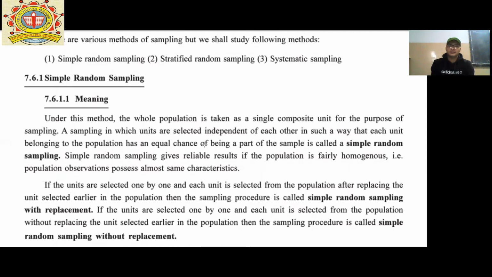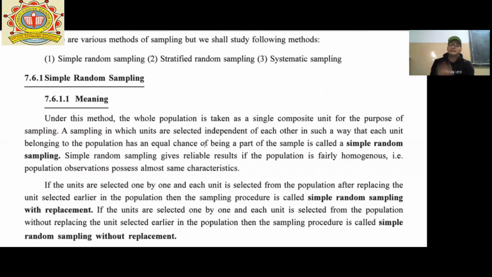Under this method, the whole population is taken as a single composite unit for the purpose of sampling. A sampling in which units are selected independent of each other in such a way that each unit belonging to the population has an equal chance of being a part of the sample is called simple random sampling.